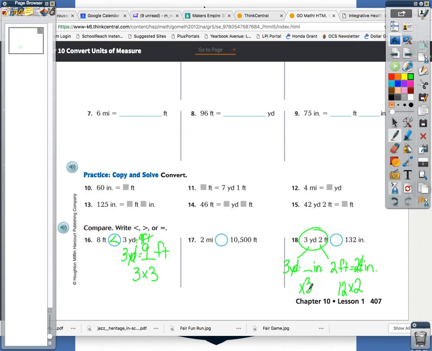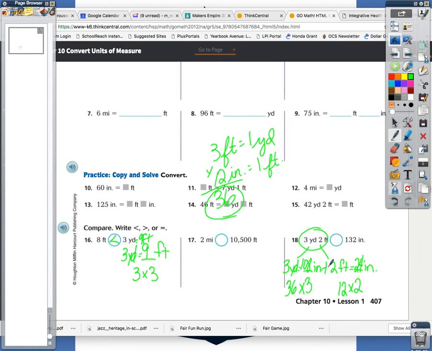But we know that there are 3 feet in the yard, right? 3 feet equals 1 yard. And we know that 12 inches equals 1 foot. So that means if we multiply 3 times 12, we get 36, which would be the number of inches in a yard. So we would multiply 36 times 3, which would be 108 inches.